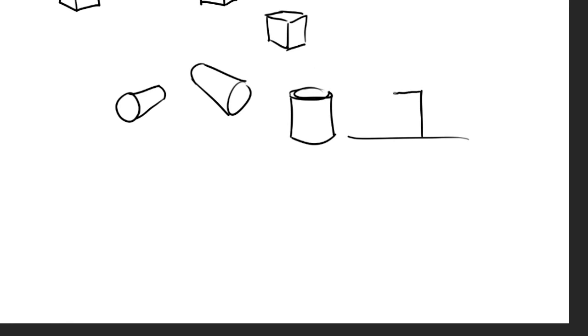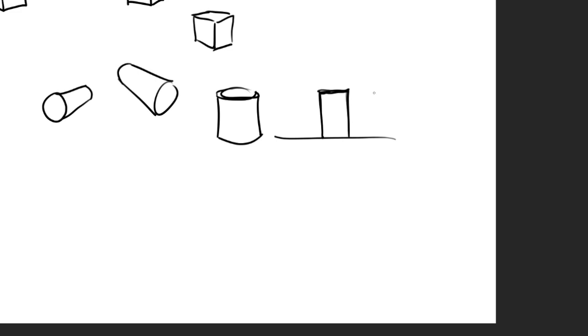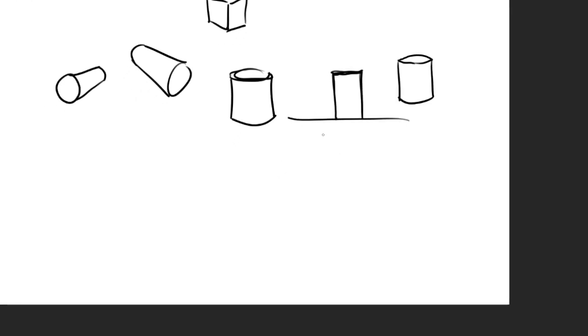If we're looking at a cylinder from directly at the side and we don't have any perspective on it, it just looks like a rectangle. But as soon as we get a little perspective, we start to see the top, we start to see the bottom curving. And if we get more, it gets more tilted, and we see these lines converge. This ellipse starts to widen out from being very tight to being wider, to where if we were to look straight down at the top of this cylinder, we would just see a circle.